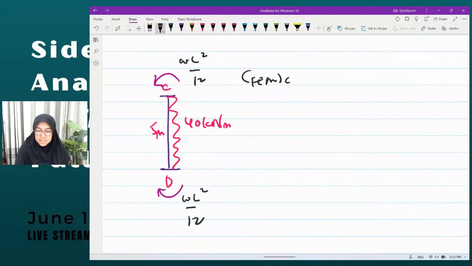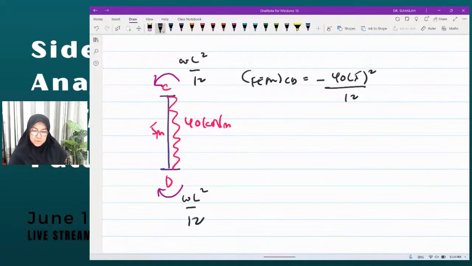FEM for CD is negative. Okay, please calculate. W is 40. 40 times L, 5 squared, over 12. WL squared over 12. And FEM DC is a positive value. 40 times 25 divided by 12.